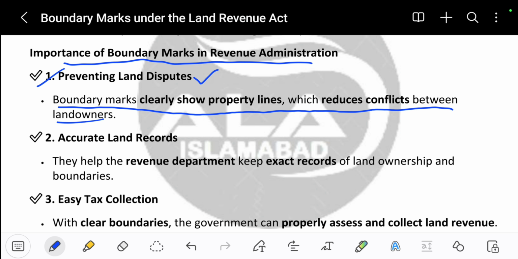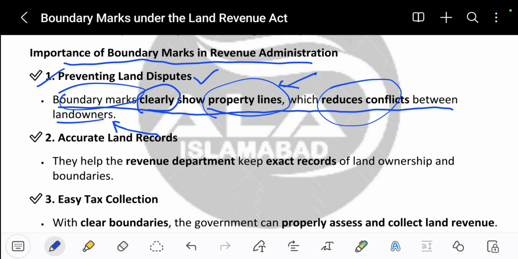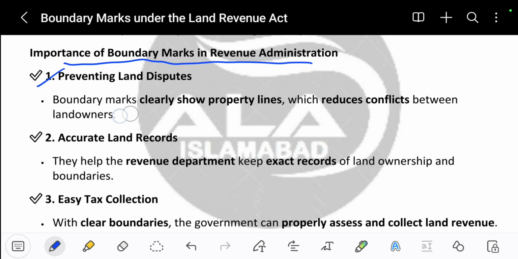So basically in the first heading you have to write that making boundaries clearly shows the property line, which helps in reducing the conflict between the landowners. If there is a boundary mark mentioned in the lands, it will help both of the owners to figure out which land belongs to which. So this is the reason boundary marks are very important, and it helps in disputes and fights.